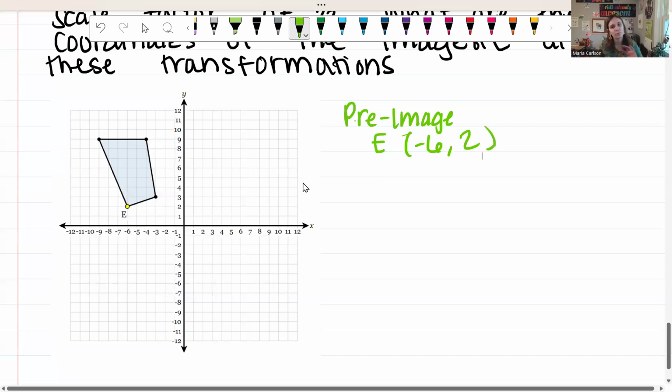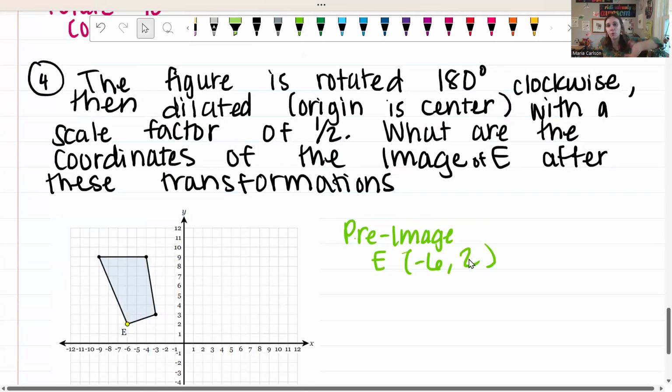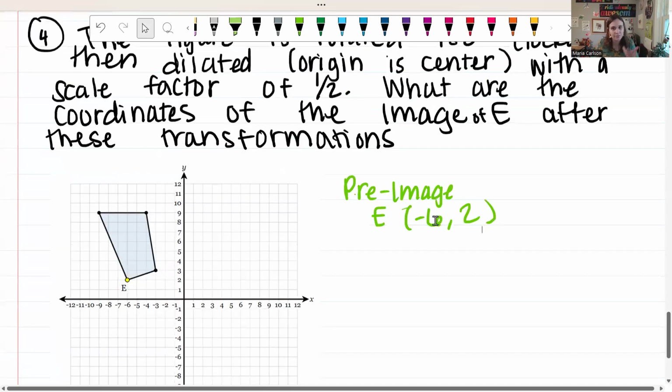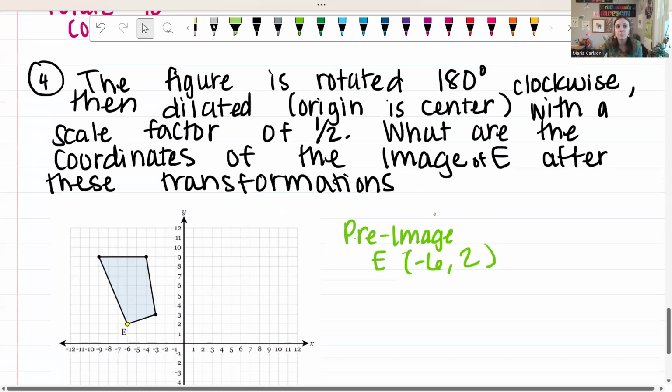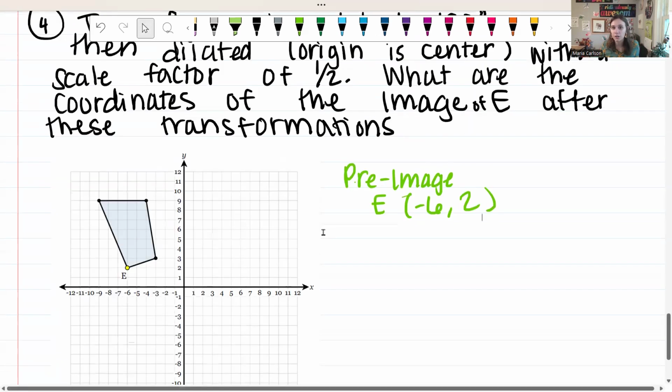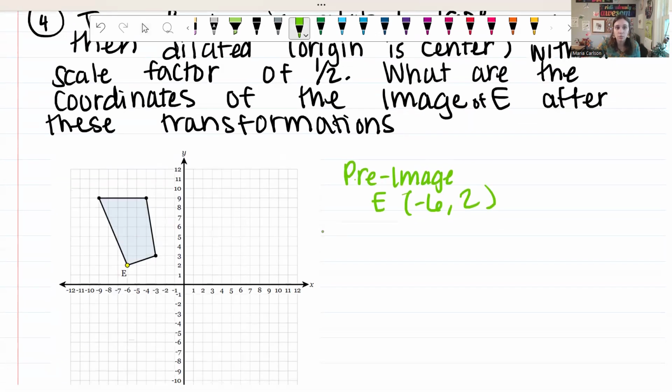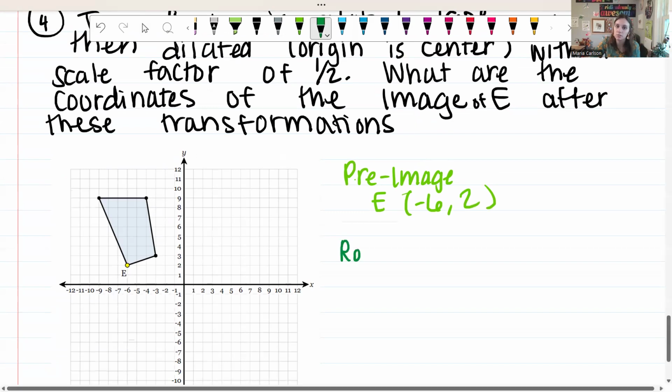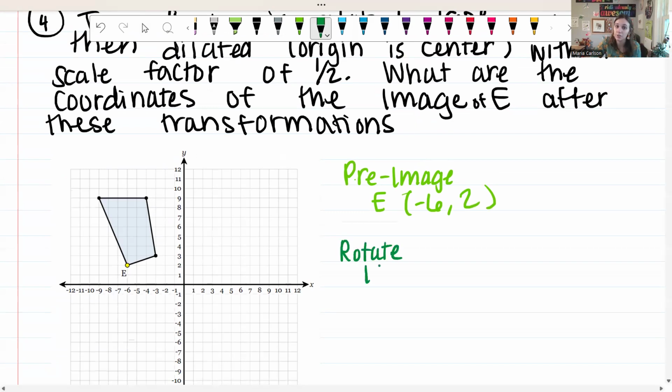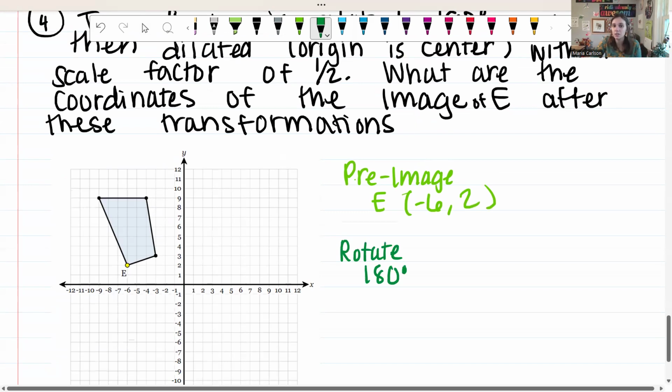So if I want to just perform the transformations to this point, I certainly can do that. I don't have to do it to the whole figure. So first, it's going to rotate 180 degrees clockwise, which I could just draw with this one point, or I can apply the rule, right? To rotate 180 degrees either direction, your point x comma y is going to become -x comma -y.